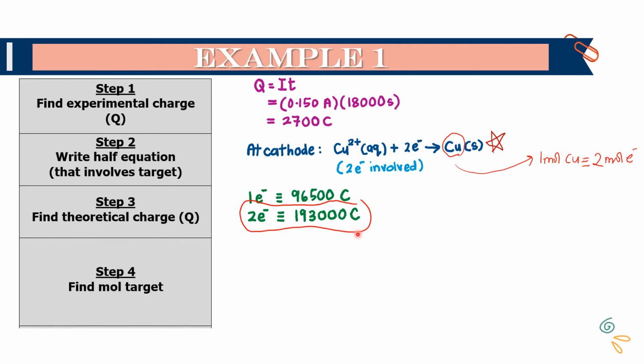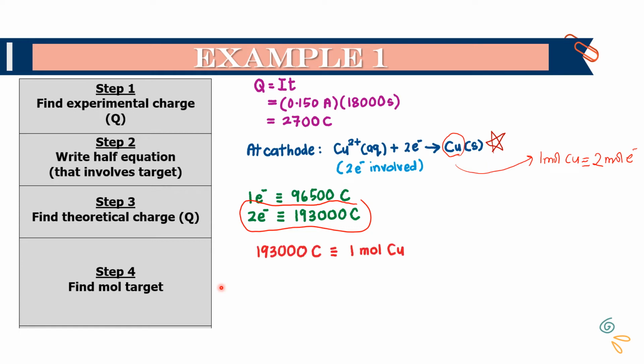Kita nak cari apa step 4? We want to find the number of mole of target. Kita nak cari berapa mole of copper experimentally. Jadi untuk kita tahu berapa mole of copper experimentally, kita kena ada dia punya charge experimental lah. Dah ada ke belum? Dah, dekat step 1. Jadi on step 4, again, you're going to do another stoichiometry.